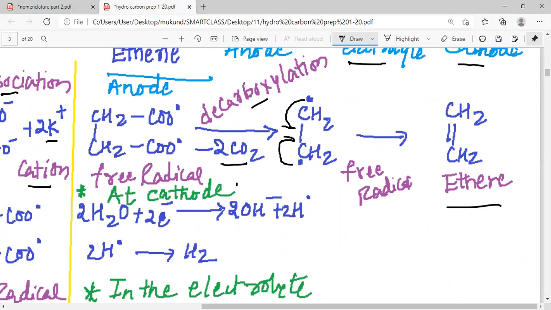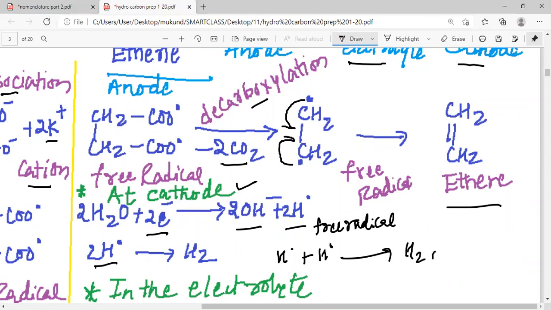In the same way, my dear students, at cathode this water molecule gets 2 electrons to produce 2 OH minus and 2H plus, and two hydrogen free radicals, and both these hydrogen free radicals combine with each other to give us the hydrogen gas. So this is how.